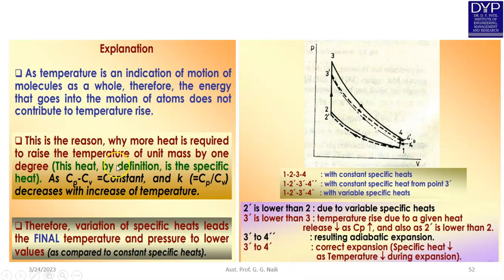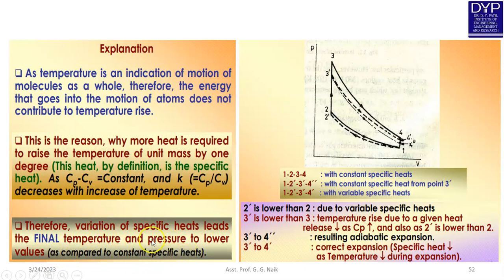This is the reason why more heat is required to raise the temperature of unit mass by 1 degree, and this heat by definition is the specific heat. So as Cp minus Cv is equal to constant, and k equal to Cp upon Cv decreases with increase of temperature, the variation of specific heats leads to final temperature and pressure having lower values as compared to constant specific heats.